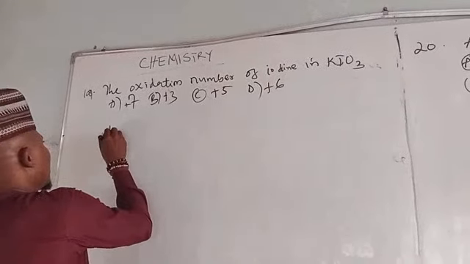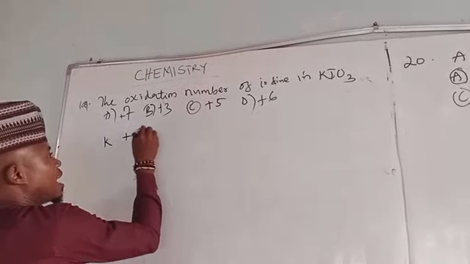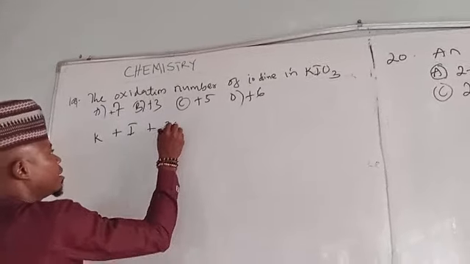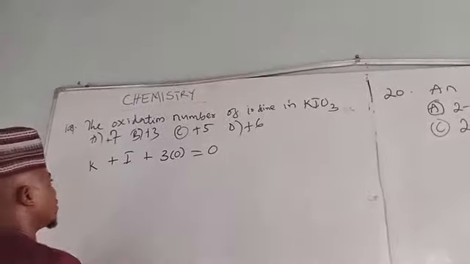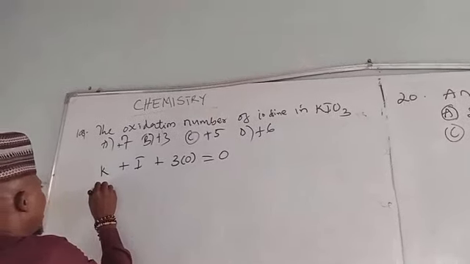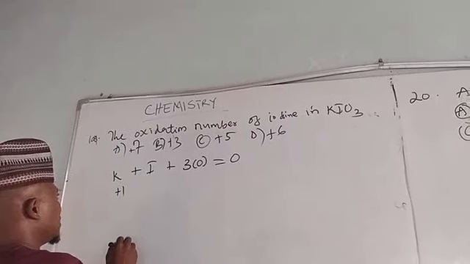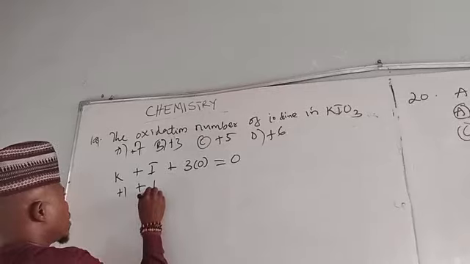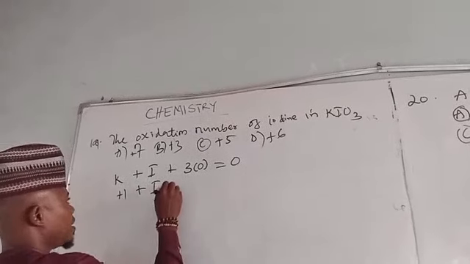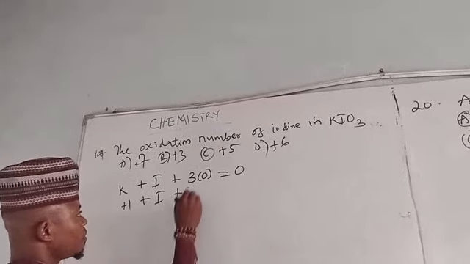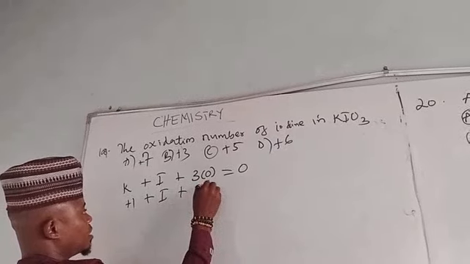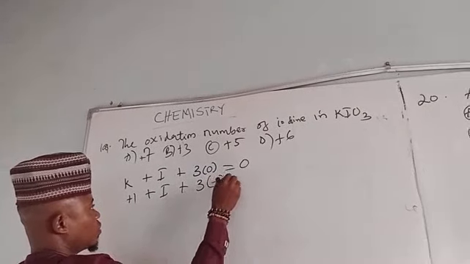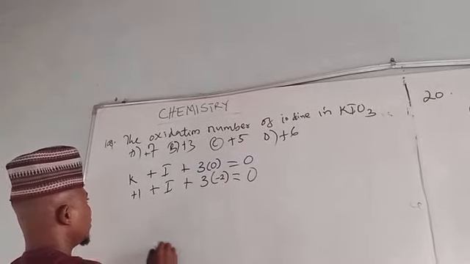So the oxidation number of K plus I plus 3 oxygen will be equal to 0. We know that K has an oxidation state of +1 because it's in group 1. We are looking for the oxidation state of I, which is variable here. The oxidation state of oxygen is -2.